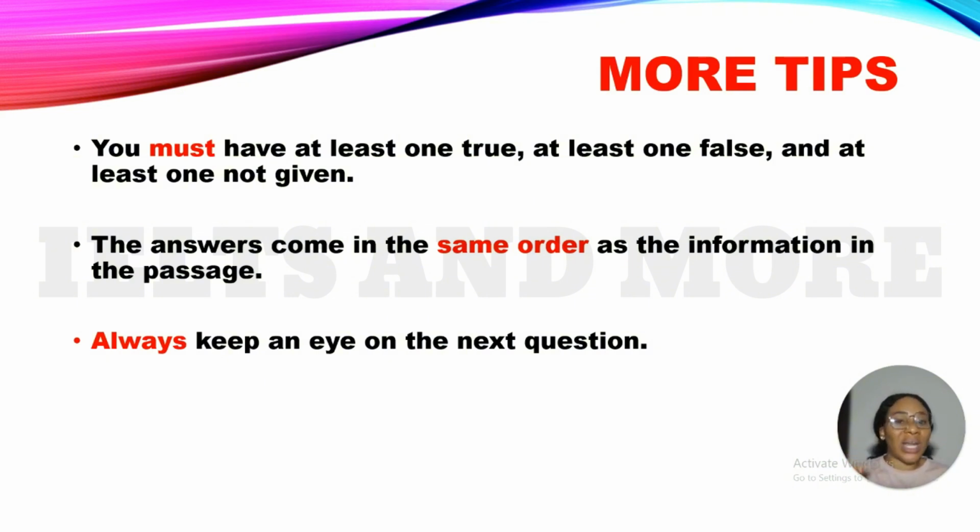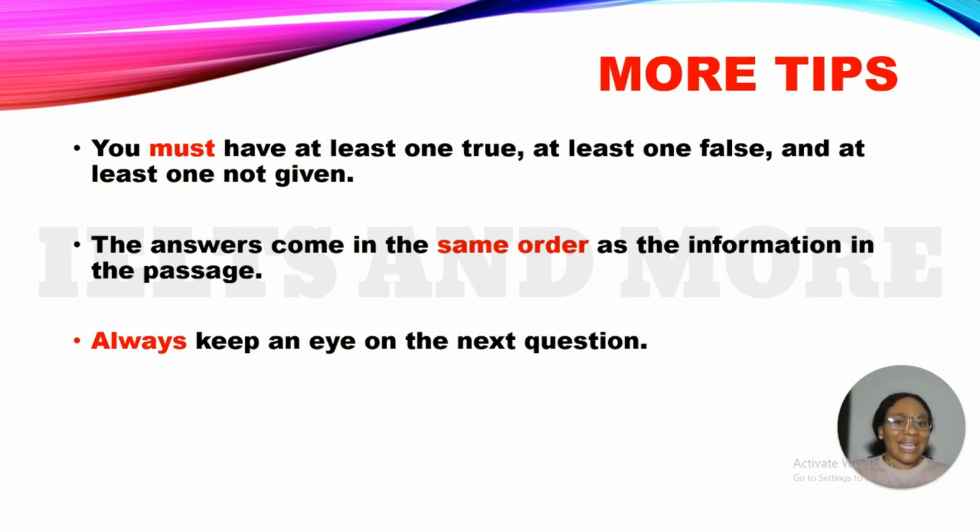What if I told you there's a way to avoid reading the whole passage before knowing for sure that the answer is not given? That is by reading the next question. Because remember that in the previous tip, right before this one, I told you that the answers come in order.